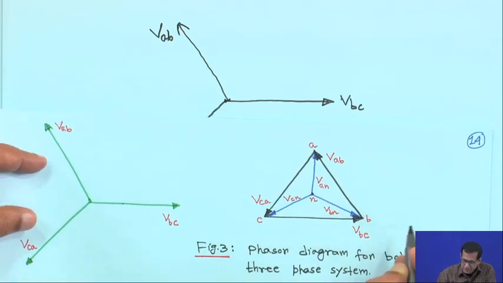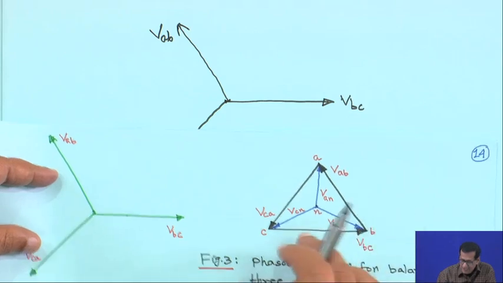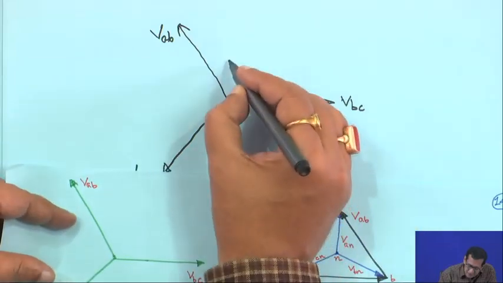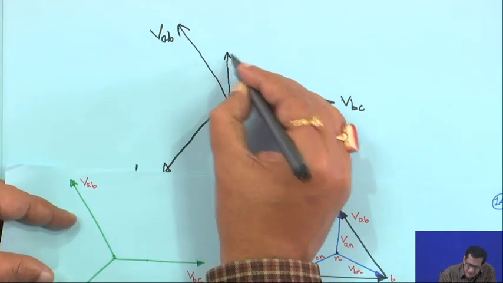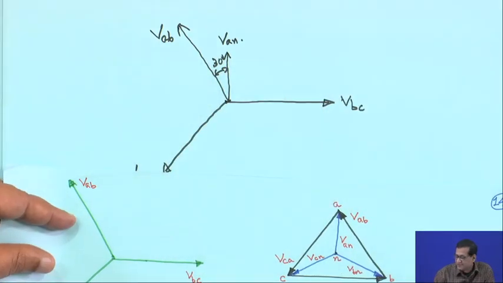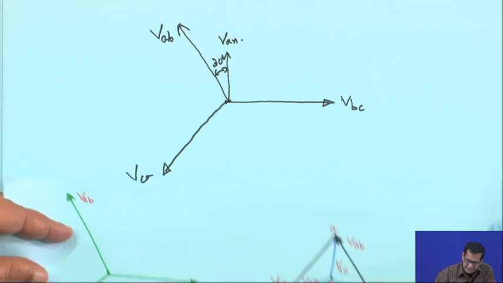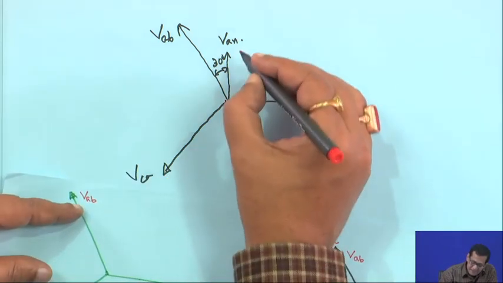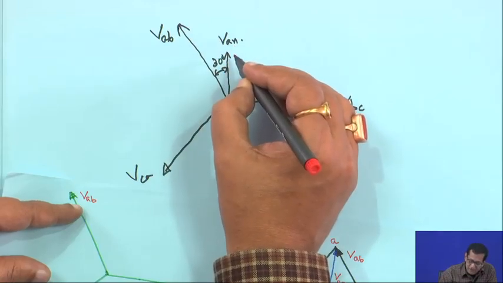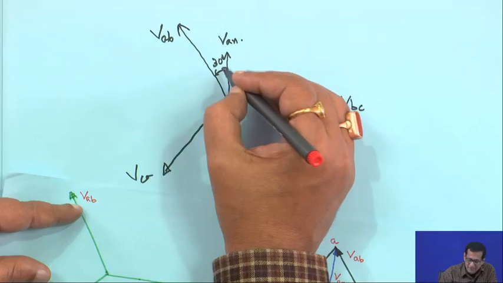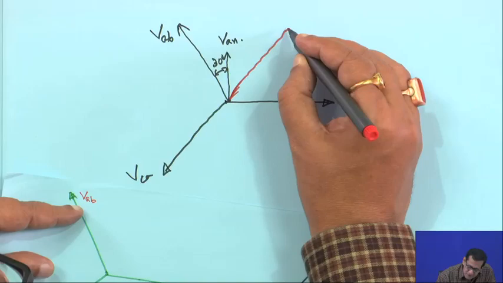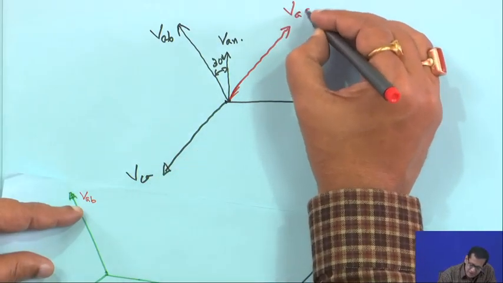If you look into VAB, BC, CA, and this is your VAN, this angle is 30 degrees. This you know, this angle is 30 degrees. So your VAB is actually leading VAN by 30 degrees, or VAN is lagging VAB by 30 degrees, and this is VCA. If you change this one, just opposite, it is VCA, then it will be your VAC.